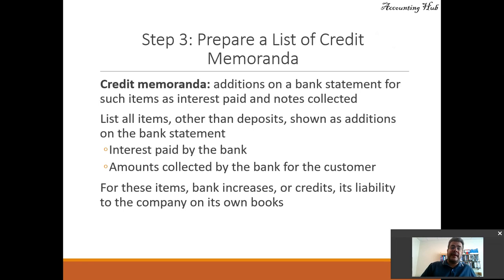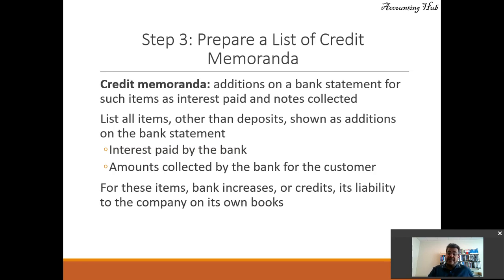Credit memoranda, additions on the bank statement for such items as interest paid or notes collected. List all the items other than deposits shown as additions on the bank statement. Interest paid by the bank if we are looking at a savings account. Amount collected by the bank for the customer. For these items, the bank increases or credits its liability to the company on its own books.